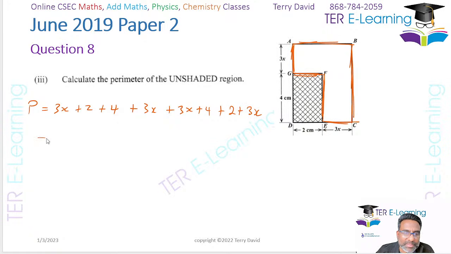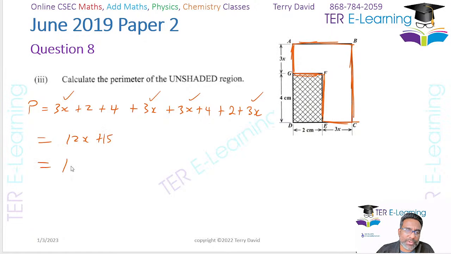Right, now let me just simplify this first. Let me add all the x's. So 3x, 3x, 3x, 3x. That's 3 and 3, 6 and 3, 9 and 3, 12. So this is 12x. And then I'm going to add the numbers. So that's 2 plus 4, 6 and 3, 9 and 4 is 13 plus 15.